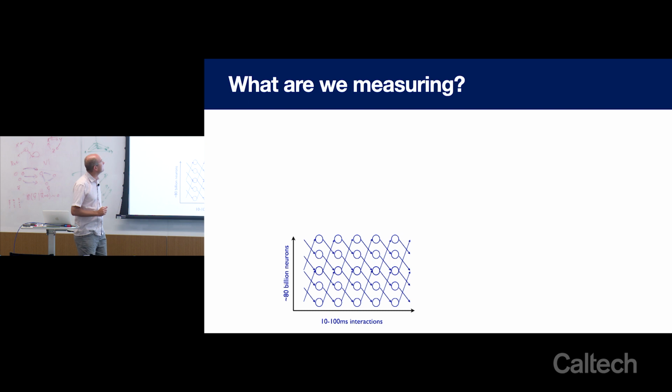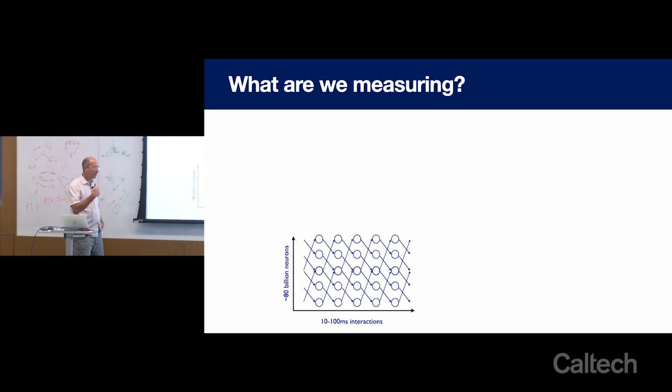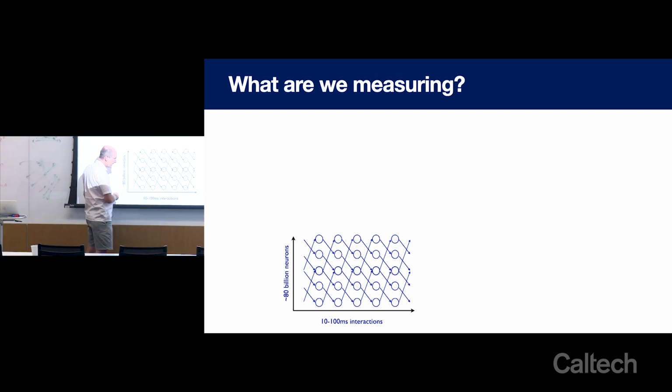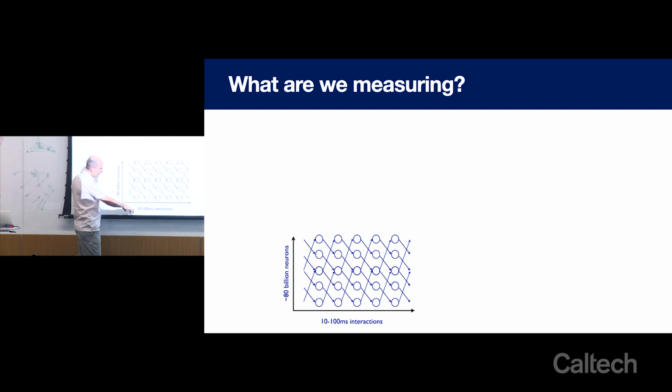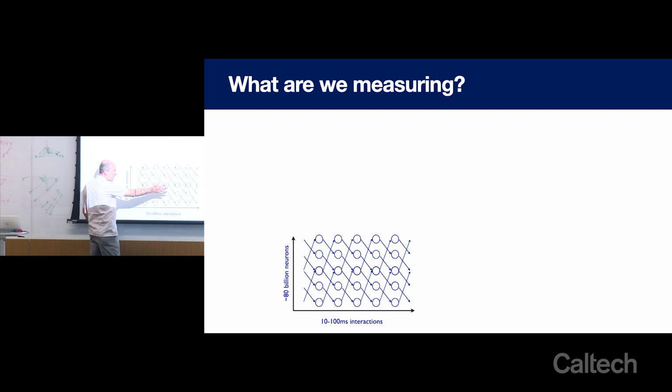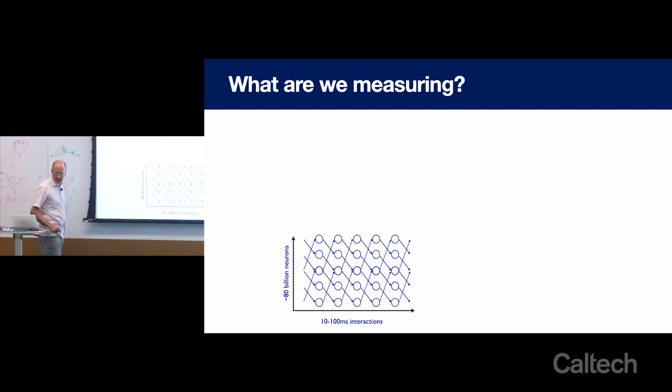And just so that we're clear, for those of you who do fMRI, you will correct me here, just so that we're clear in how indirectly we're measuring the brain in this case, we've got about 80 billion neurons that have interactions on the order of 10 to 100 milliseconds in a time series like this, quite densely connected.